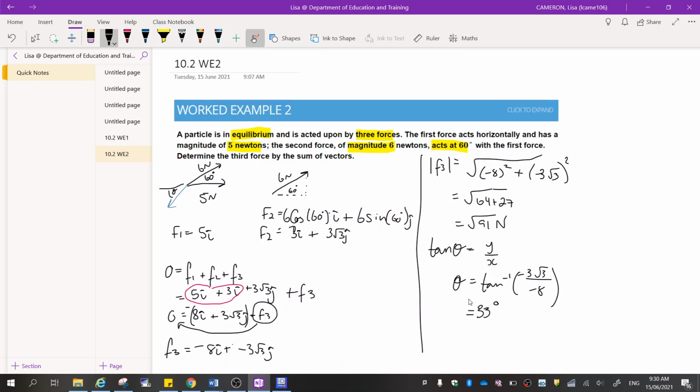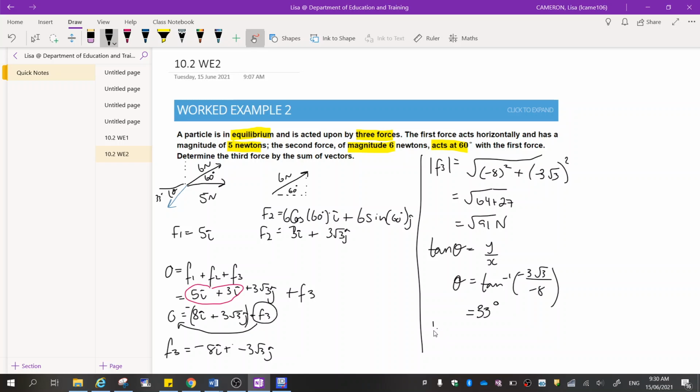So, next thing I need to do is work out what angle this is acting with in relation to the other things, because I now know that this inside here is 33 degrees. So if this one is on the axis, I can do 180 minus the 33 degrees, and that will give me the direction that it's traveling in the clockwise direction. I could also do 30 plus 90 plus the angle, and that would give me the angle that it's acting in with the 6 newton force.